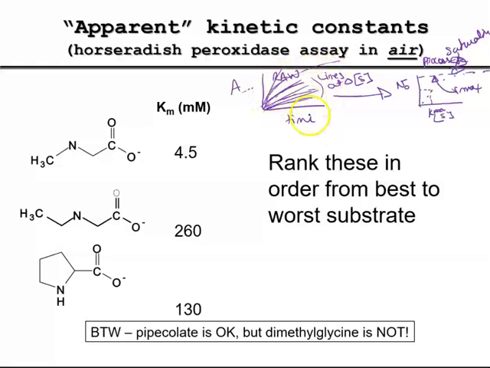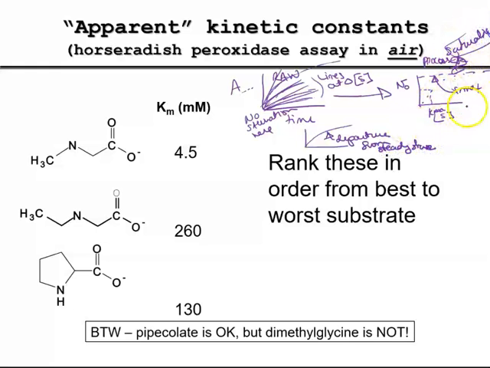You're not looking at saturation on these plots. We don't see saturation here. What are we seeing? We're seeing essentially departure from the steady state. That is not the same as saturation.